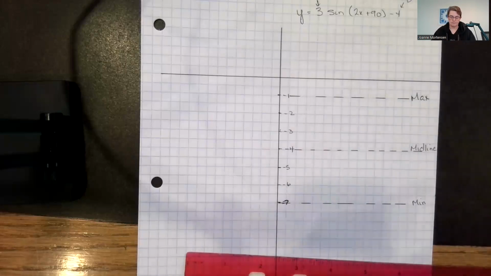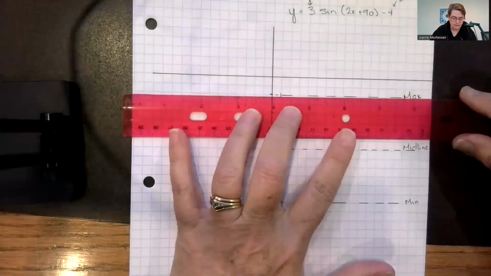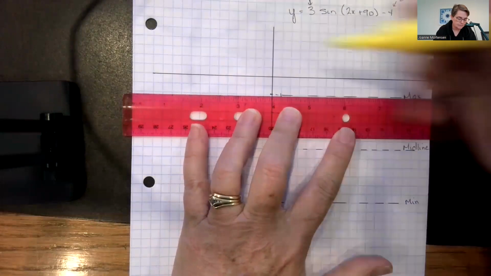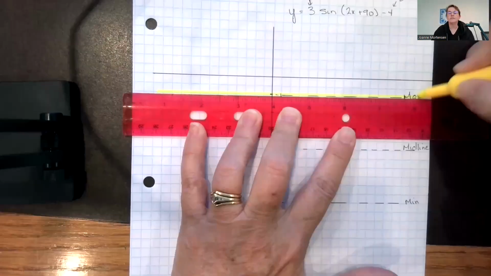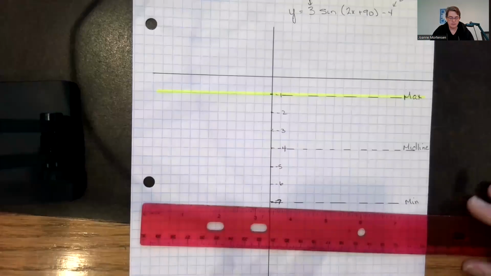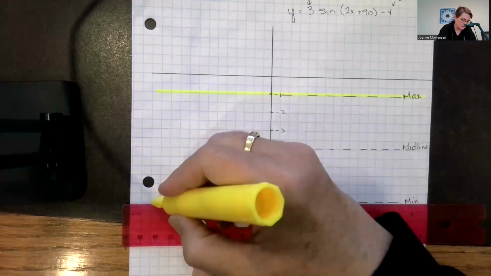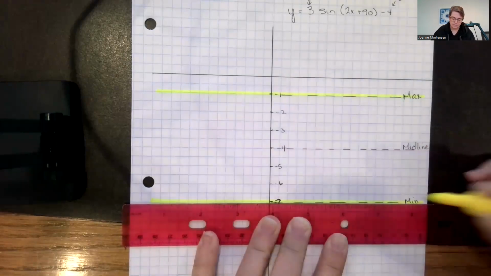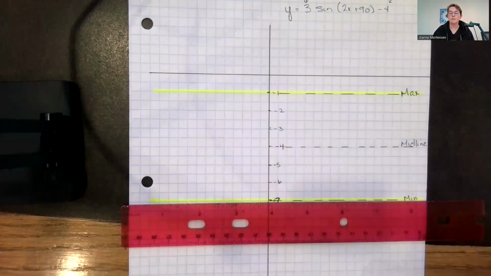And I like colors. I don't know where my graph is going for sure, but I know that's as high as it's going to go, and this is as low as it's going to go. So it's bounded by those two things. And yeah, that's where my middle is going to be.